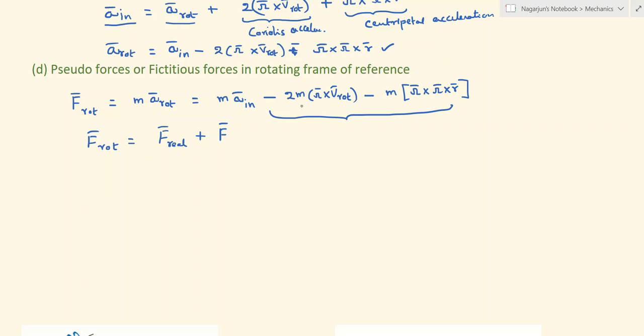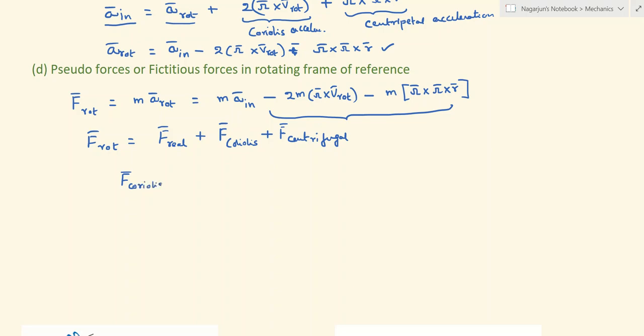This force is called the Coriolis force, which is a pseudo force or a fictitious force. The second pseudo force we see is the centrifugal force. So we have two pseudo forces corresponding to a rotating frame of reference.